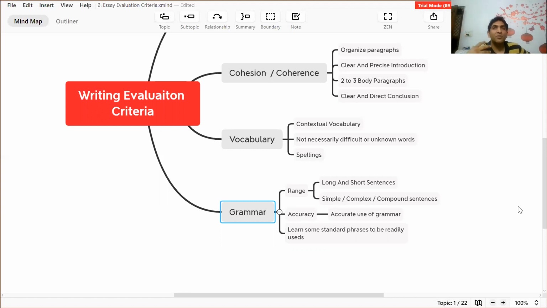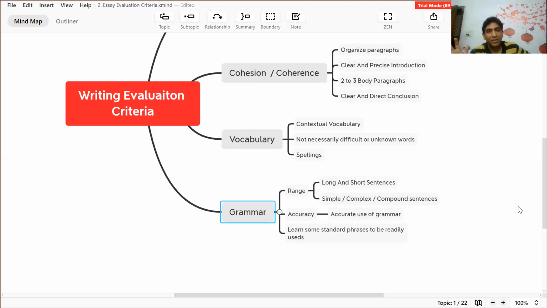Now, an essay is more or less a collection of some fixed scenarios. And for those scenarios, we can always have a collection of phrases ready with us. So that contributes to good grammar also, wherein you are making use of short and long sentences and you are not reinventing the wheel there. Again, please don't get me wrong.